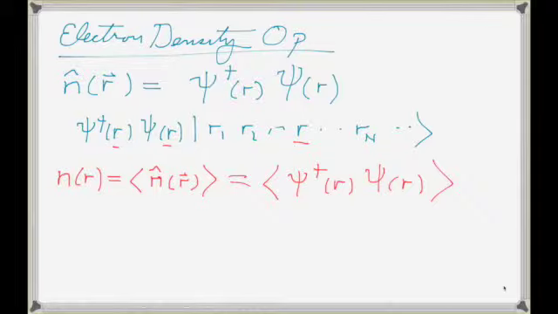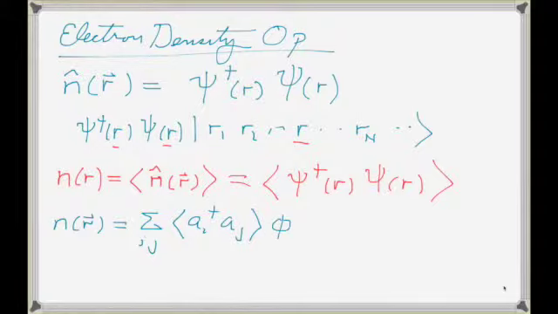And then if we expand this back out, going from this position basis back to our localized orbital basis, we have that n of r is equal to sum ij, ai dagger aj, phi i star of r, phi j of r.